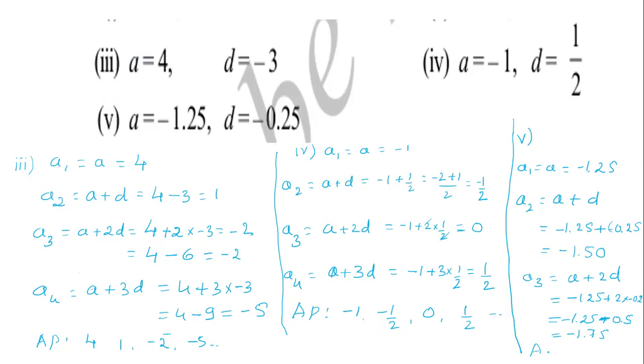The AP is minus 1.25, minus 1.5, minus 1.75, and so on.